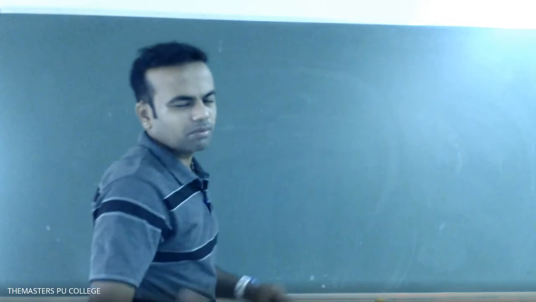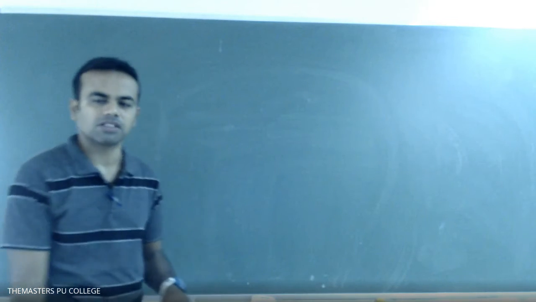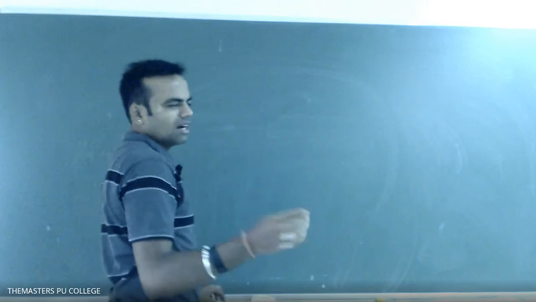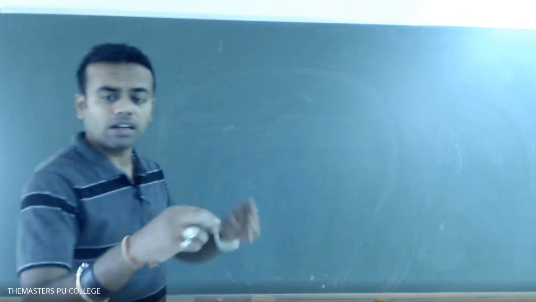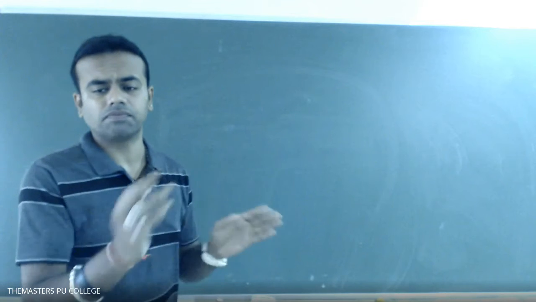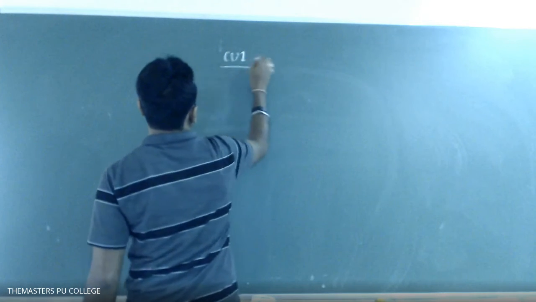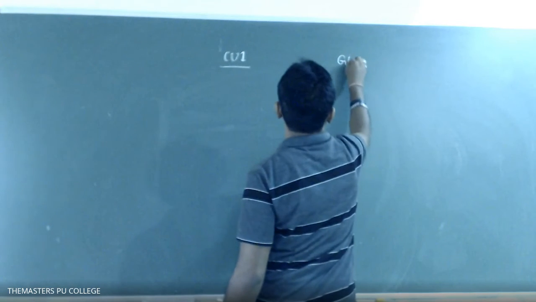I will tell you last, after this, what application software is. Definition and examples; examples I have already written in that chart. Yes, sir, you have given. Okay, so first of all, you write CUI and GUI.